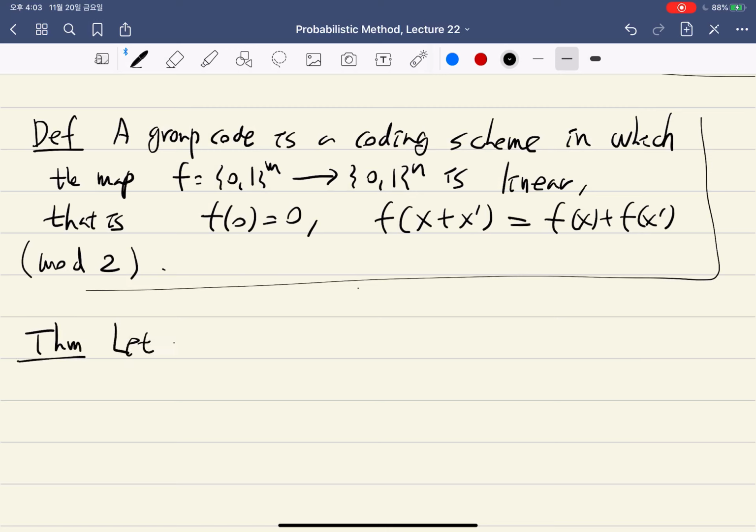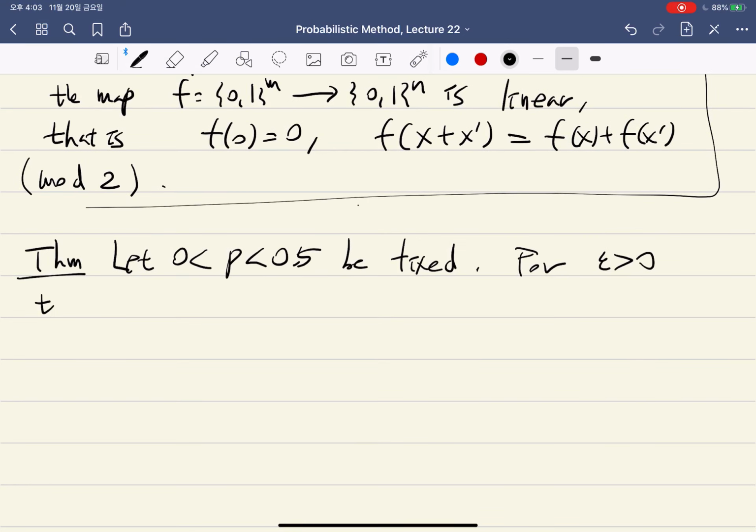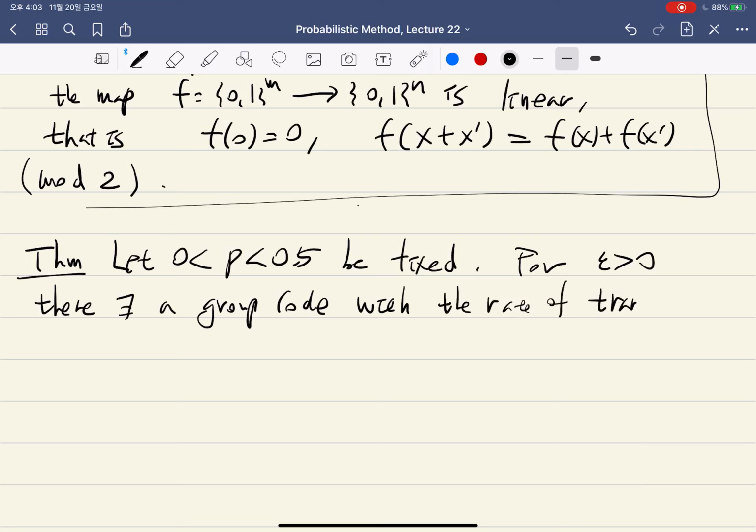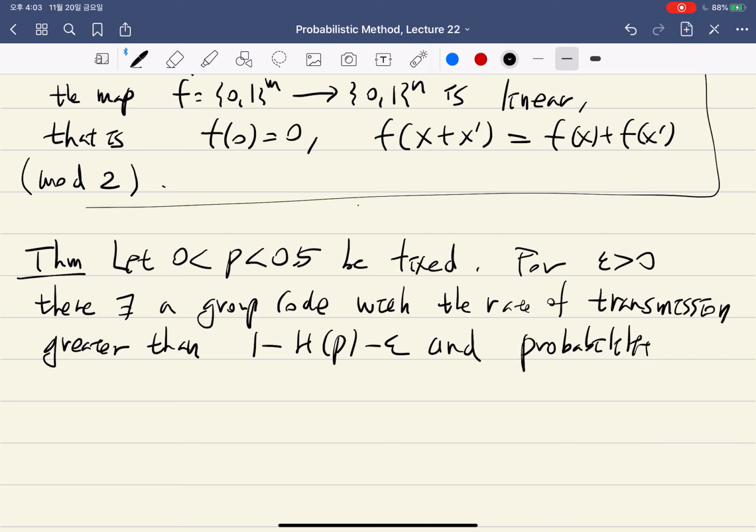And the theorem is that if you have a similar situation, p is between 0 and 0.5, and for given epsilon, there exists a group code with the rate of transmission greater than 1 minus h of p minus epsilon, and the probability of incorrect transmission is less than epsilon.